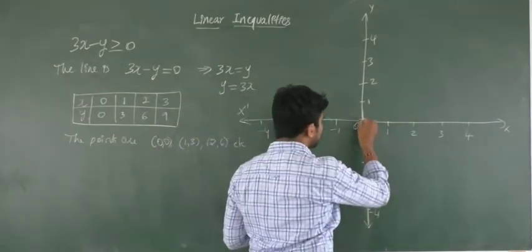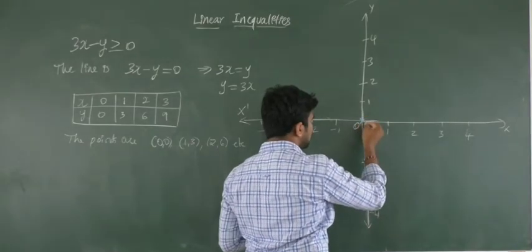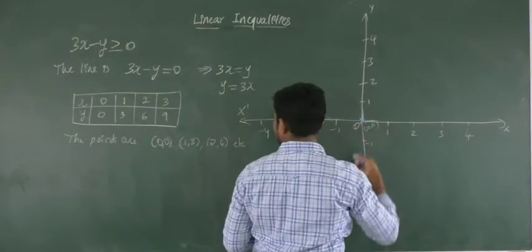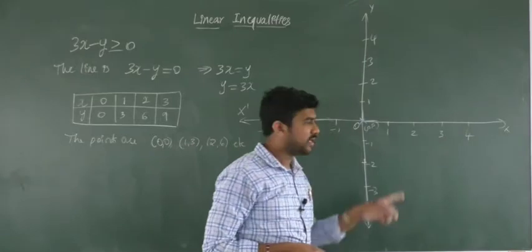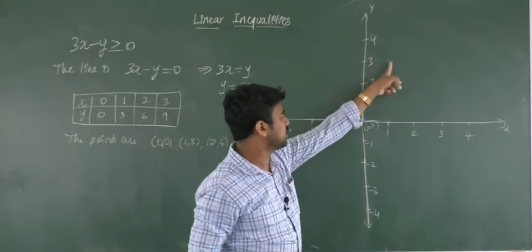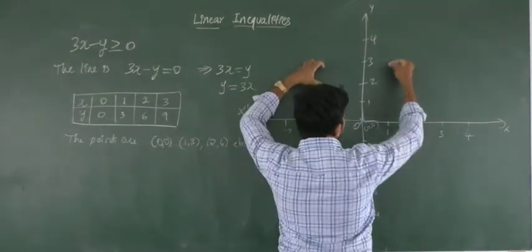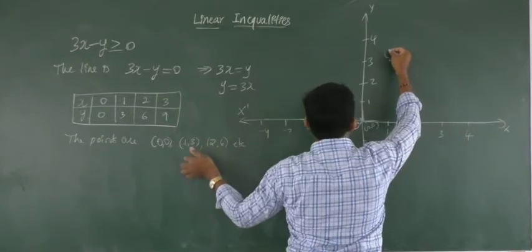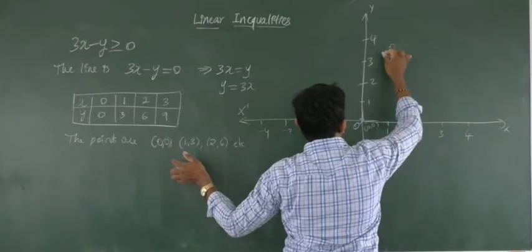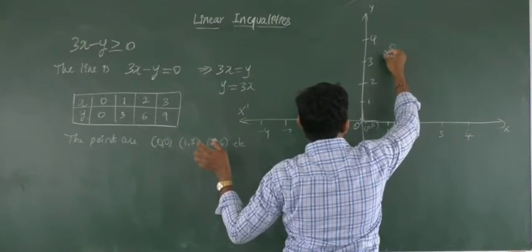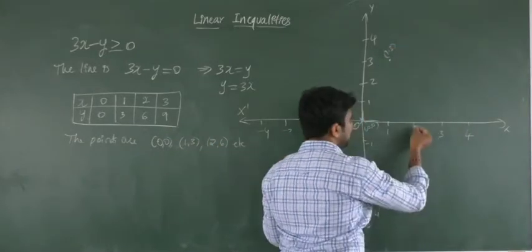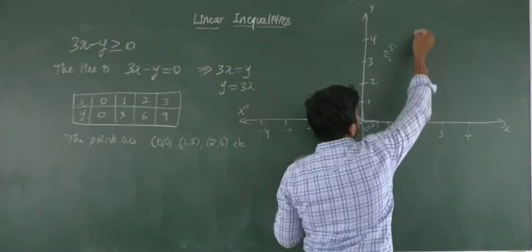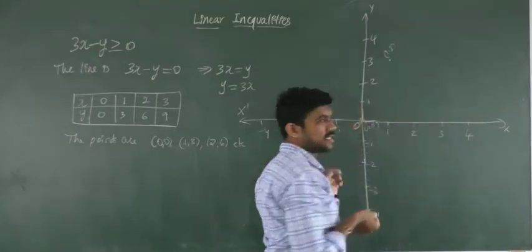This point is the origin, so this point is 0, 0. Next 1, 3. x is 1, y is 3. The point of intersection, this point we will get, with the coordinates 1, 3. The next point we have here is 2, 6. If you take x is 2, y is 6.